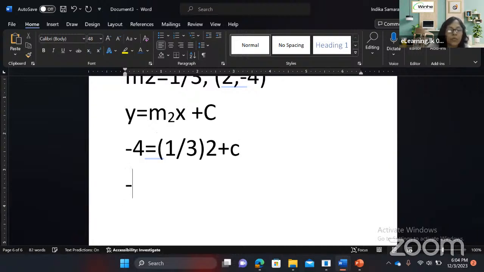Now minus 4 minus 2 divided by 3 is equivalent to c, right?